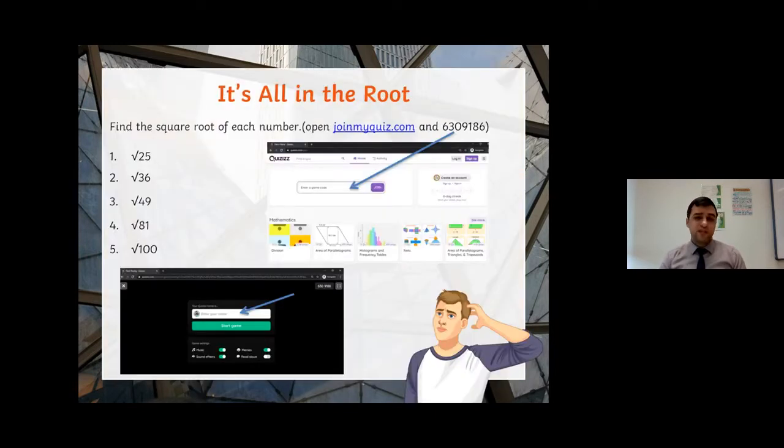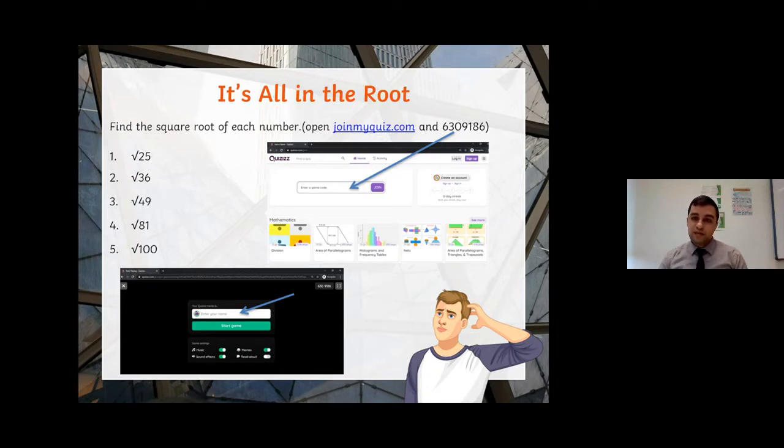But before starting our session, I have a small starter for you. I would like to share one website with you, which is joinmyquiz.com. You just need to open this website in your internet browser, and you will see an enter game code box.